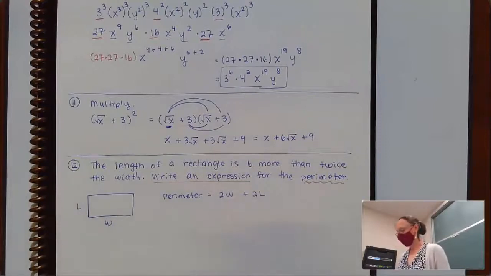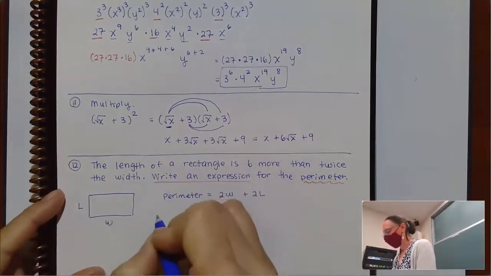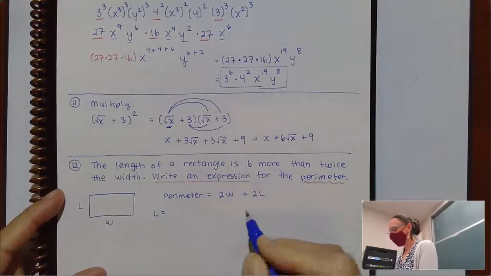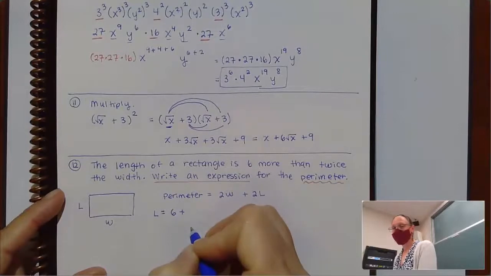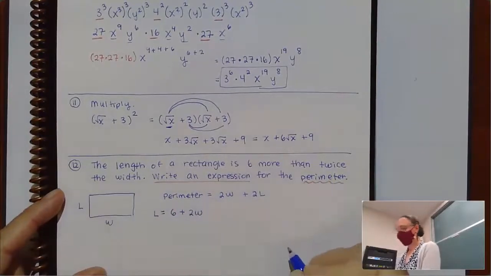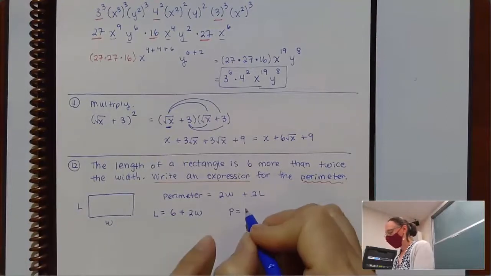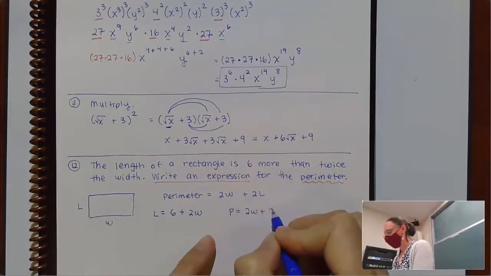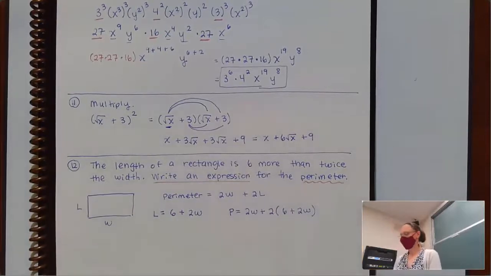So if I take that first sentence and convert it to math, the length is, so that means length equals 6 more than, so 6 plus twice the width.